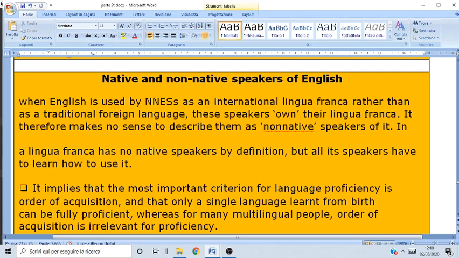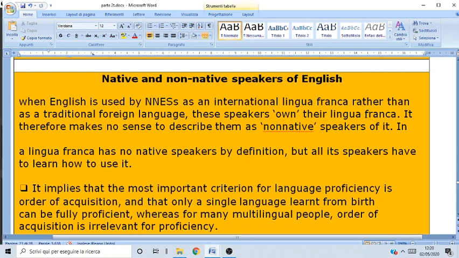If there are two people, say an Italian and a French, and they're speaking English as a lingua franca because the other one doesn't know Italian and the other one doesn't know French, these people are said to own the lingua franca that they are speaking. They're not speaking English. They're using English as a lingua franca.